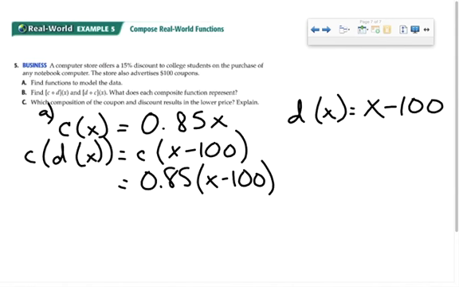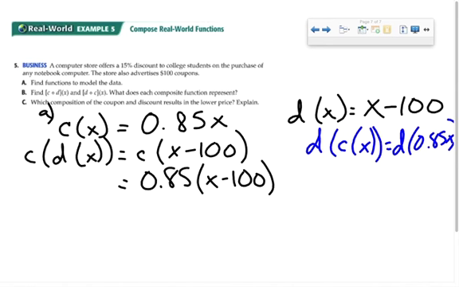Going in the opposite direction, D of C of x means I'm taking the D of 0.85x. So that means I have 0.85x minus 100.